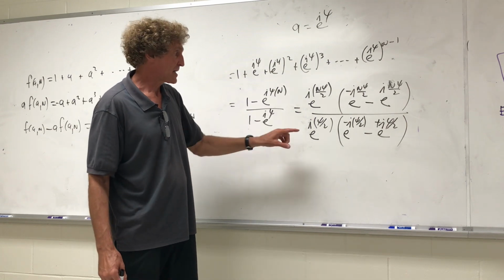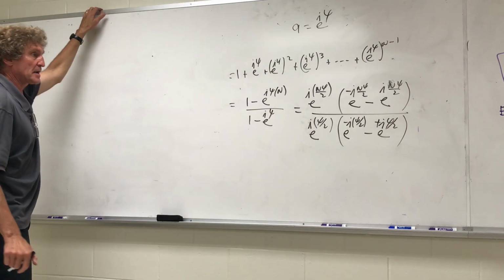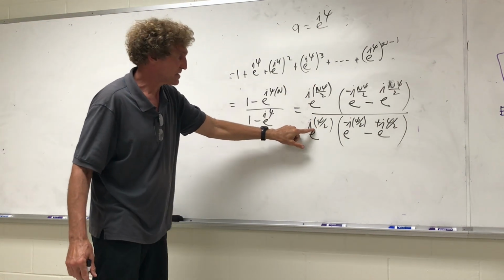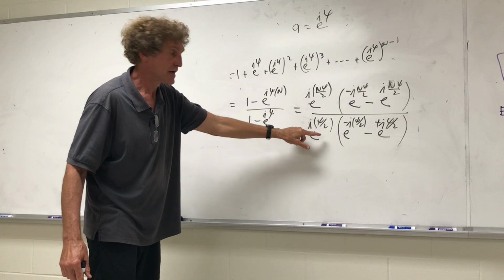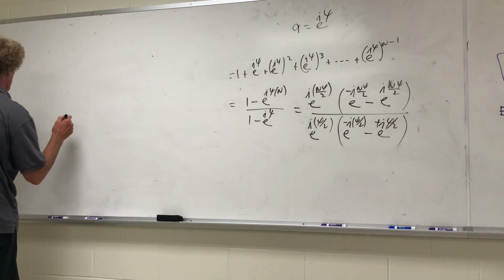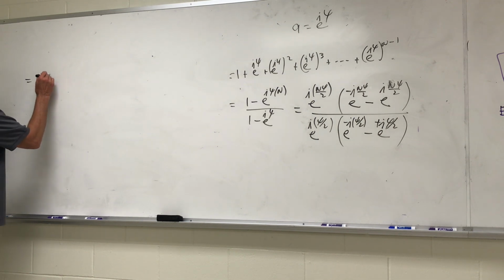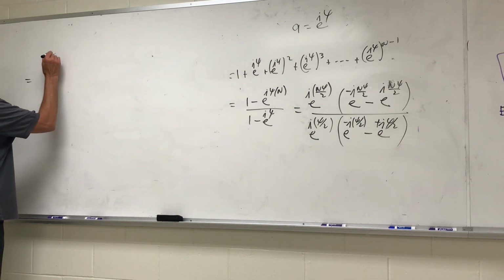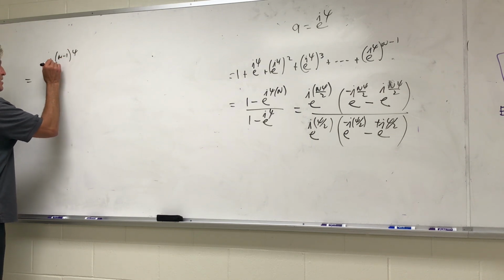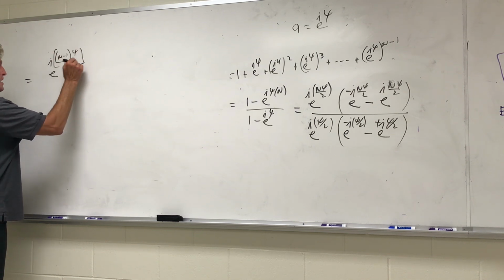Then I can take this upstairs. When this comes upstairs, that's e to the minus j psi over 2. So the whole top coefficient will become e to the j, n minus 1 psi all over 2. That's what's up top.